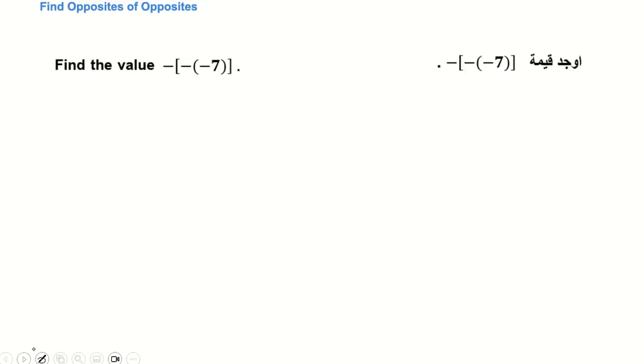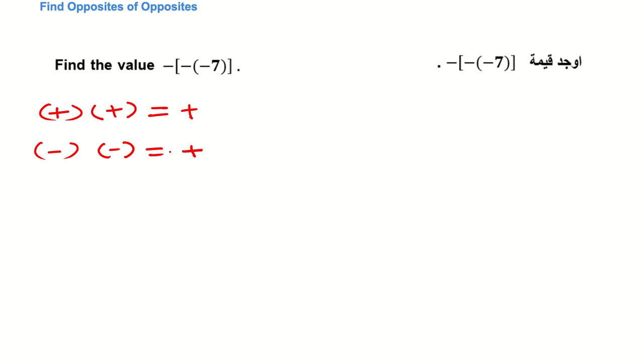Now next is find the value of. Now this type of questions are very easy, just you will have to be little careful. So before starting this question, I will tell you one thing. If you have plus multiplied by plus, then its answer will be plus. If you have minus multiplied by minus, then answer will be plus.